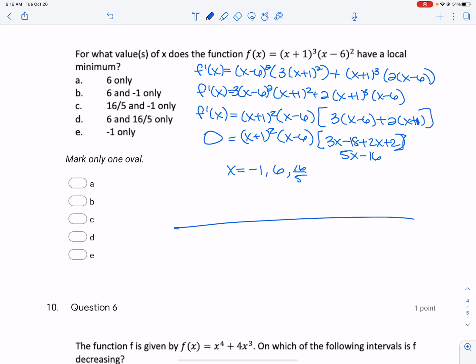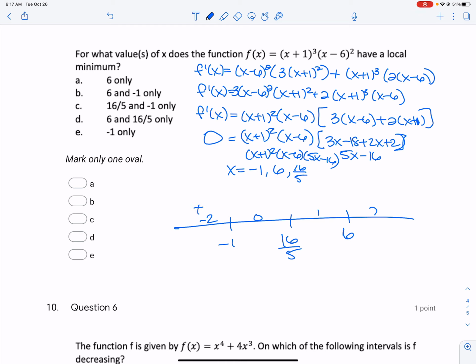Okay, so I can do a number line here and identify whether or not I have a maximum or minimum. So I have essentially x plus 1 squared, x minus 6, and a 5x minus 16. So when I plug in negative 2, that'll be a positive.